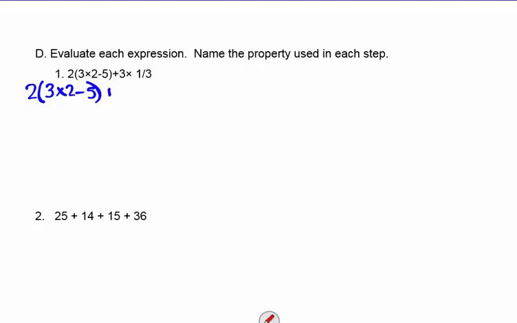What did I do there? Well, I actually replaced the 3 times 1/3 with the number 1. 3 multiplied by its reciprocal, 1/3, to equal 1, is the multiplicative inverse.